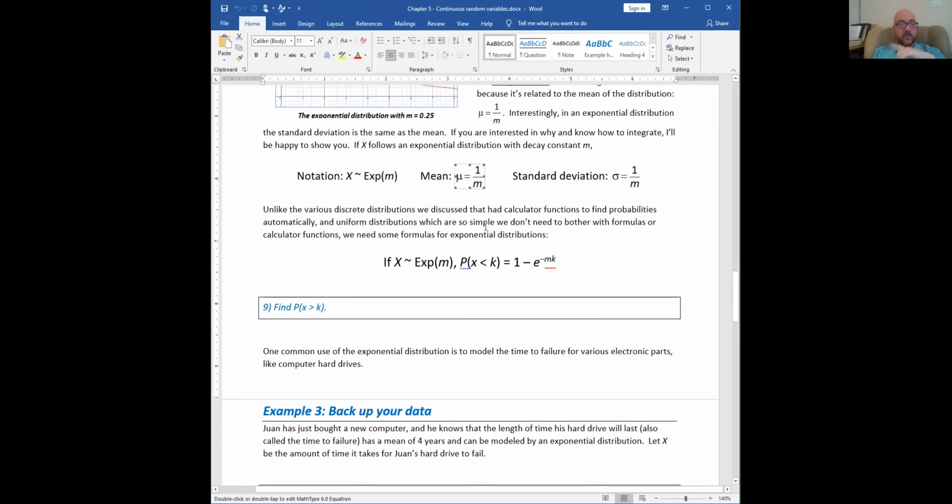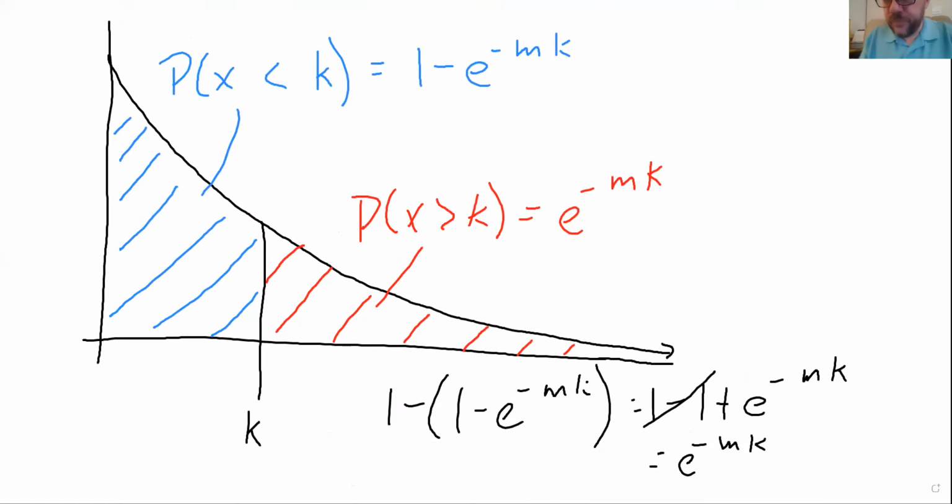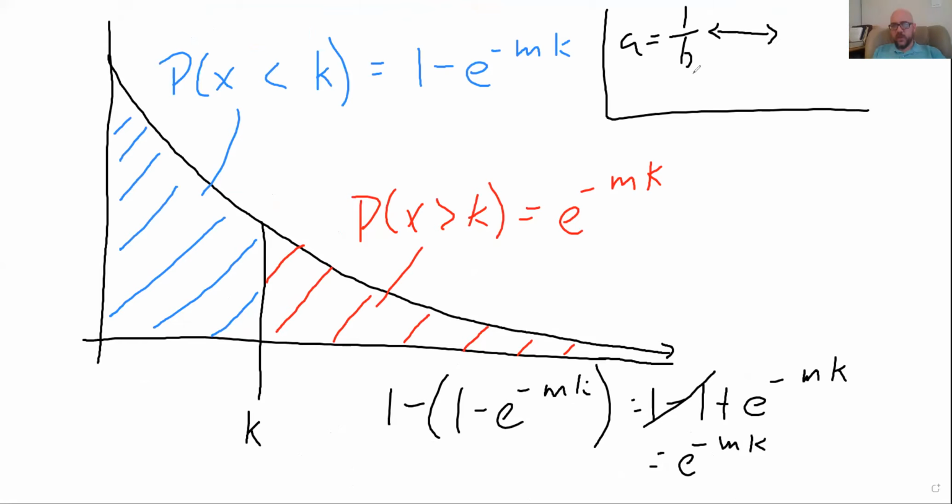Now, a thing that I have been constantly surprised that my students do not know is that if A is 1 over B, then B is 1 over A. If I say that A equals 1 over B, the easiest way to think of this is that A and B are reciprocals of each other.